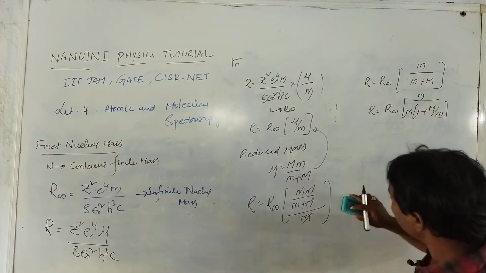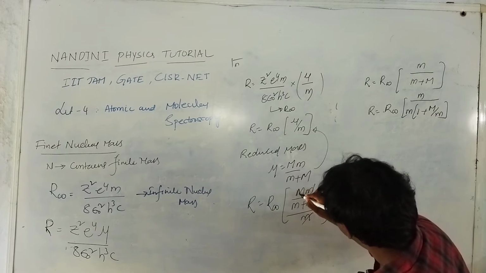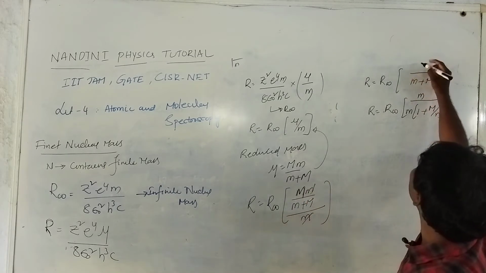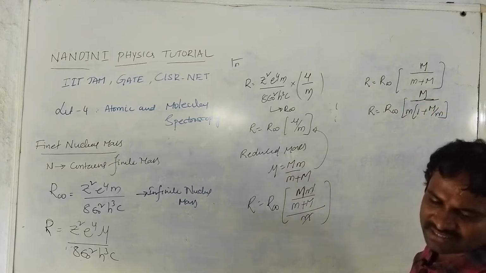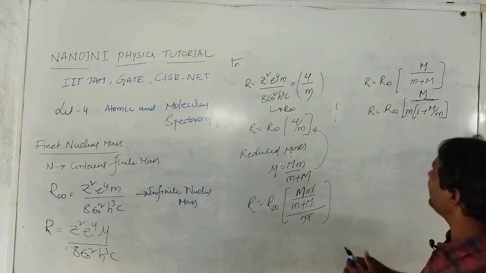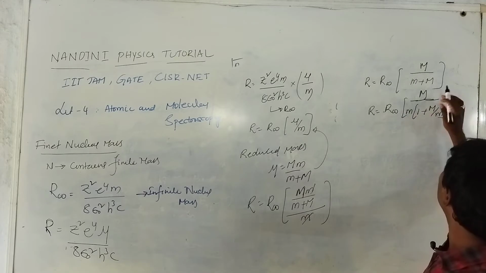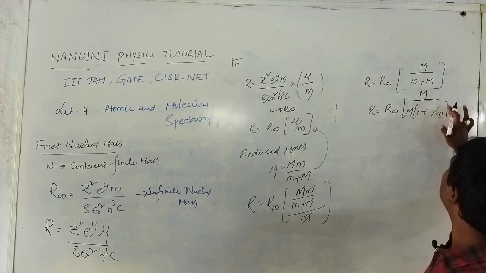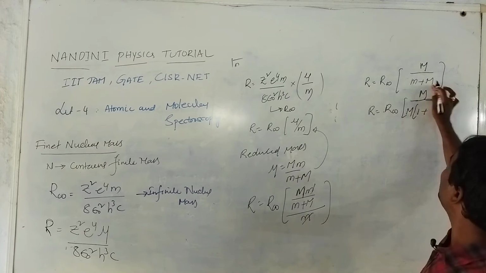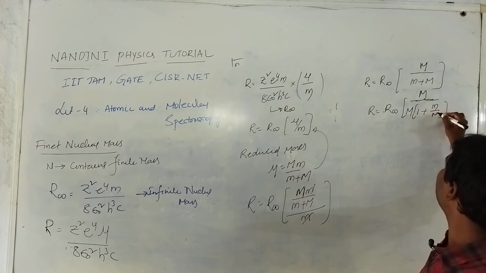Small mistake, it's a capital M. Okay, I'll write here small m. This is the mistake. So little mistakes are done, but one day definitely will be perfect. So you take capital M only common. So this is actually 1 plus m by capital M.